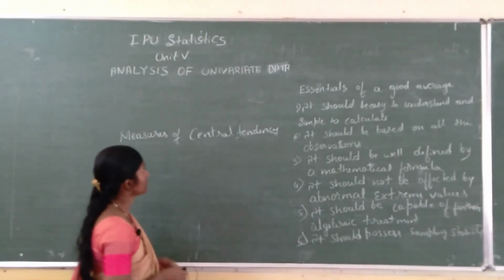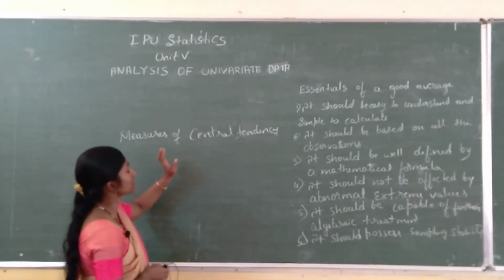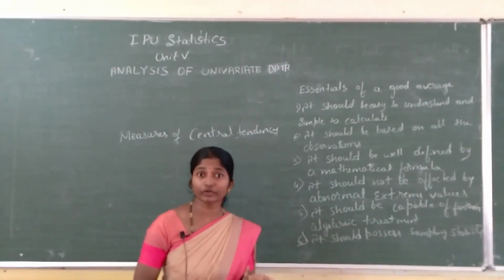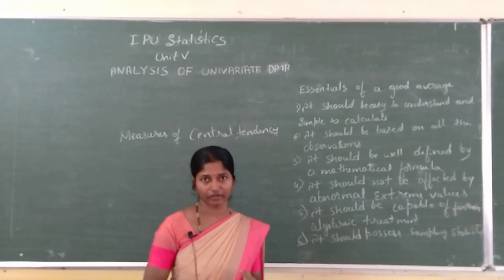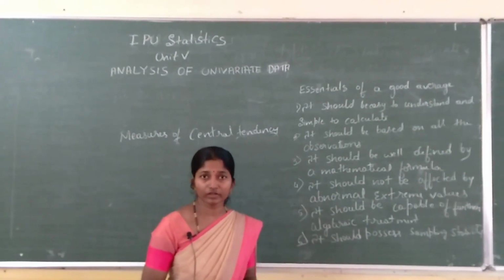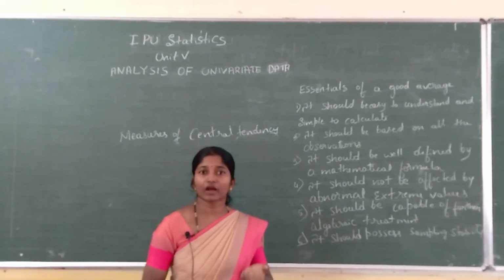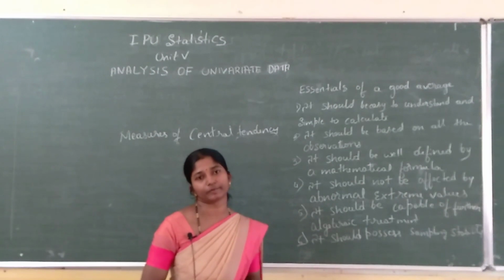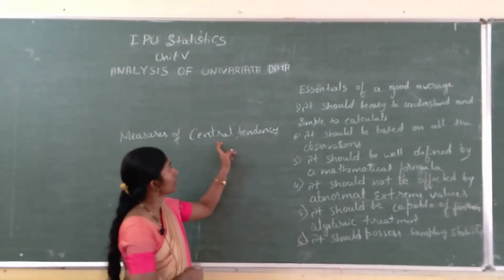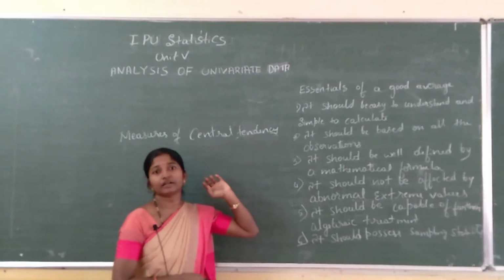Now, in order to reduce the complexity of the data, if there are more values, what do you have to do? We have to reduce them, in order to reduce the complexity of the data and also for comparison purpose. For comparison purpose we are going to study central tendency.